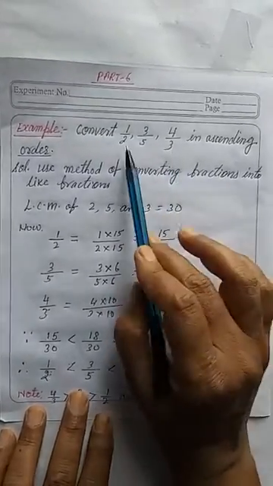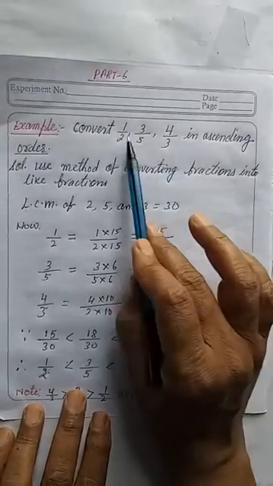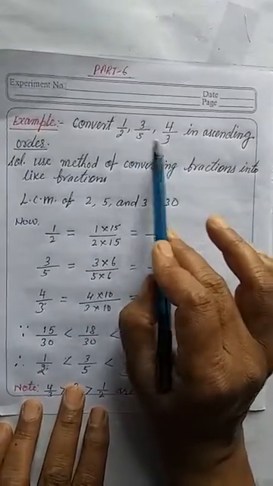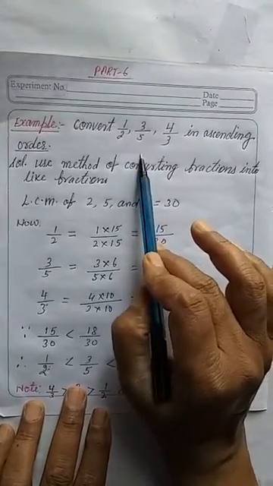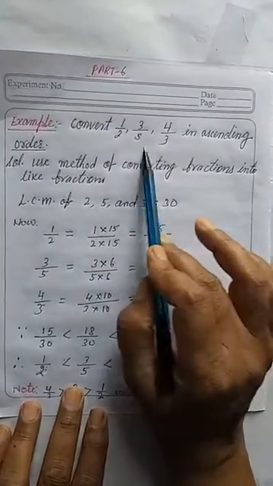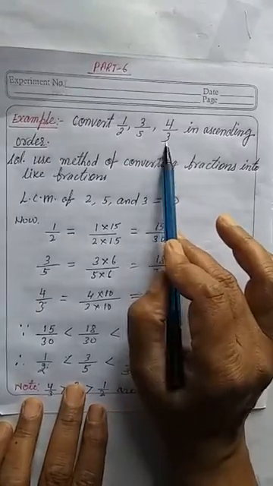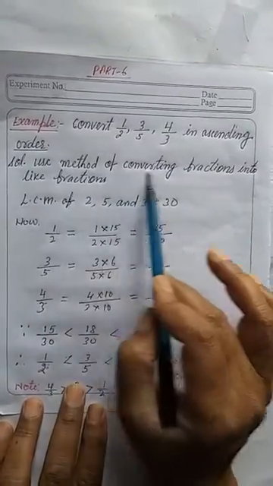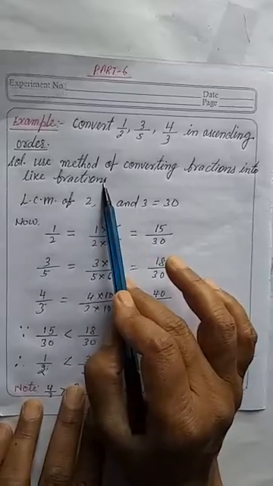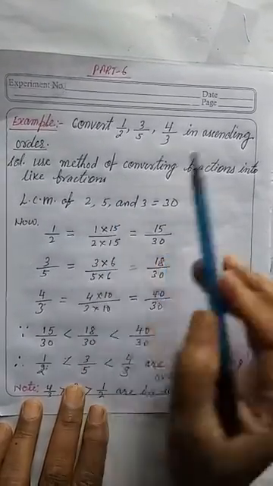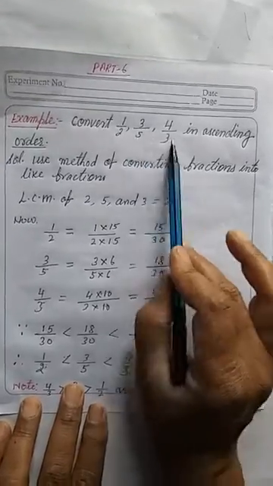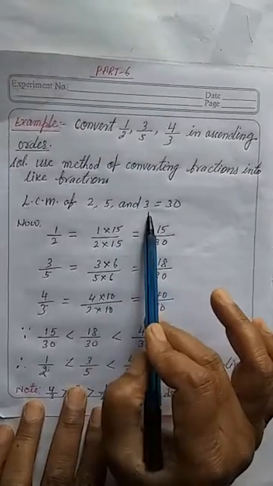Why, students? Because the denominators 2, 5 and 3 are different. So first of all you have to convert them into like fractions by the earlier method, the earlier topic. Solution: use the method of converting fractions into like fractions, which I already taught. For like fractions we take the LCM of 2, 5 and 3, which is 30.